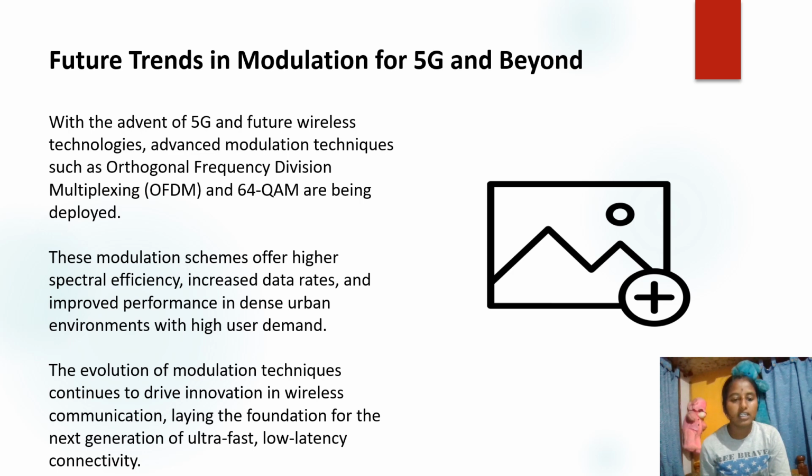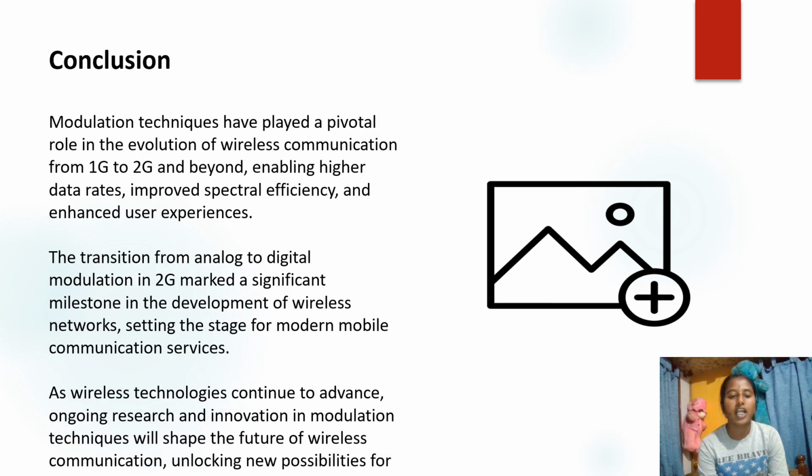This is the last part of the topic, the conclusion. Modulation techniques have played a pivotal role in the evolution of wireless communication from 1G to 5G and beyond, enabling higher data rates, improved spectral efficiency, and enhanced user experiences.